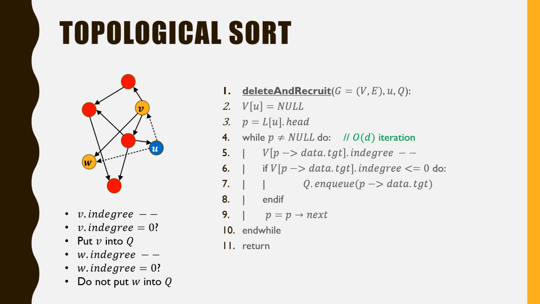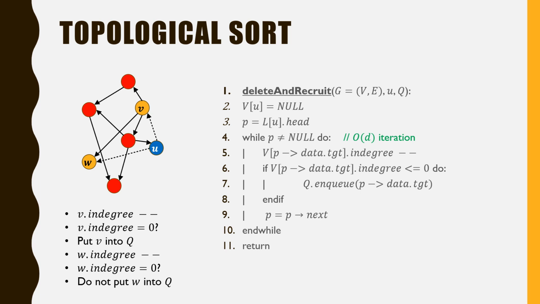This affects the yellow nodes V and W. After removing U's edges, V has no incoming edges and should be added to Q. On the other hand, W still has one incoming edge and should not be added to Q. This idea is implemented as the delete and recruit function shown on the right.